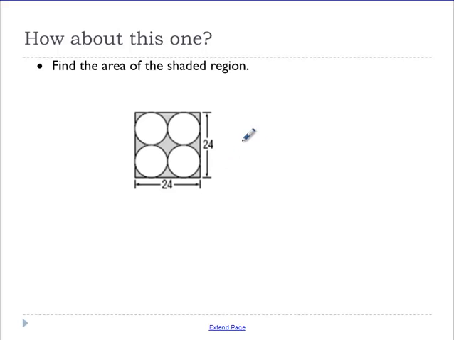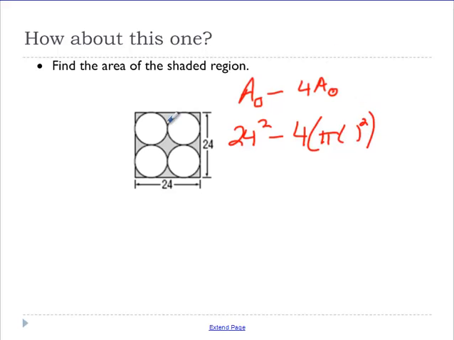Similar idea here. The only difference is there's 4 circles. So area of a square again minus 4 circles. So the square is 24 squared minus 4 times pi. I need the radius of each circle.